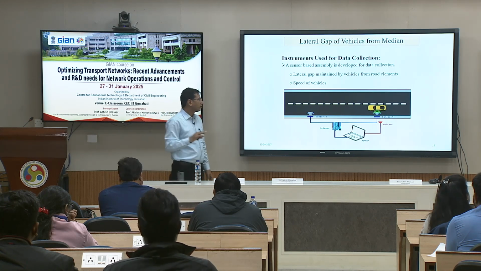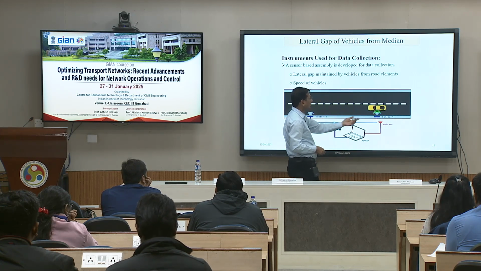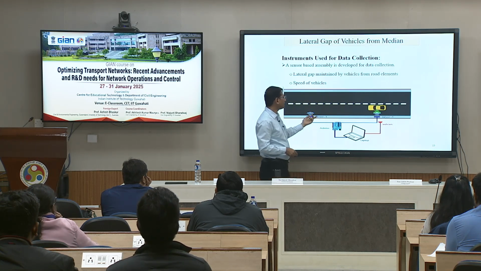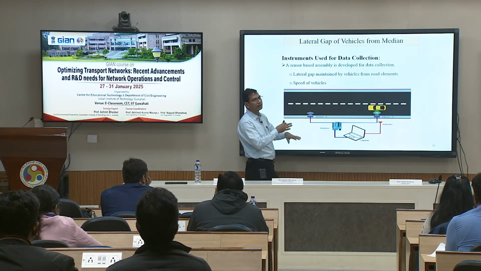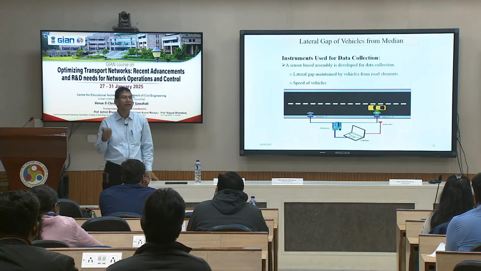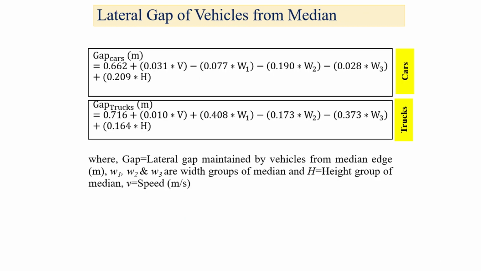Some manual arrangement is there, it is not automated, but this data automatically gets synced. It will measure the next activation of the other sensor and calculate the speed. The distance is known, so you will figure out the speed. Okay. So that way you got the speed and the clearance maintained. Okay.